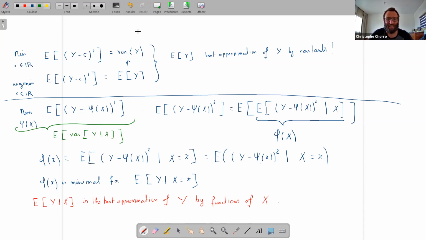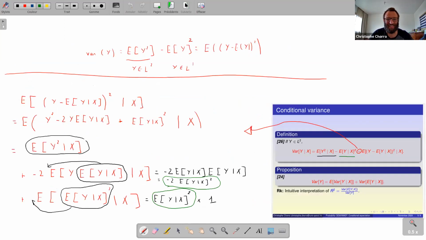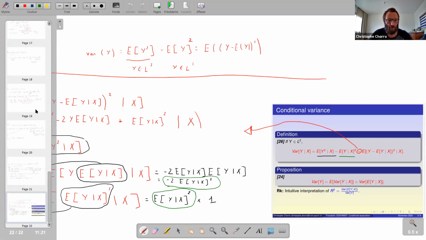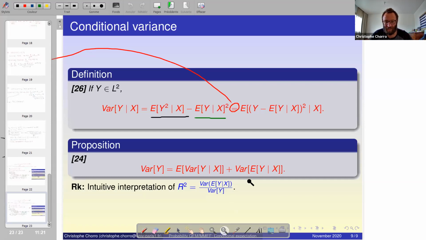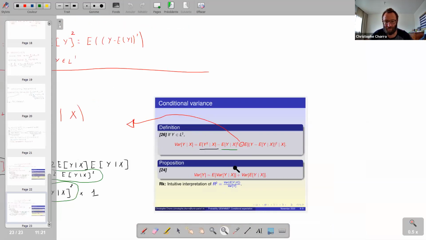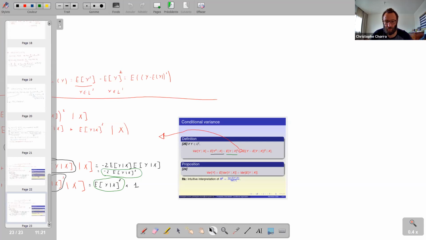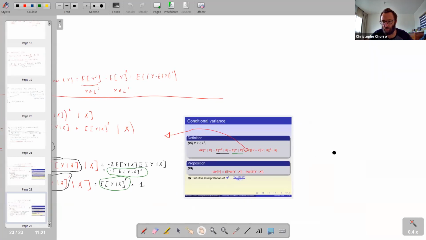So let's continue. Now we are going to give a last definition, that is in fact the last proposition that we are going to prove.